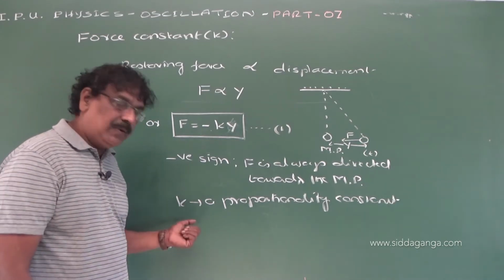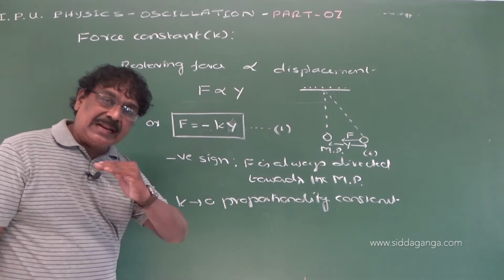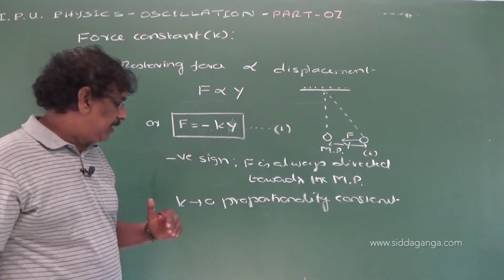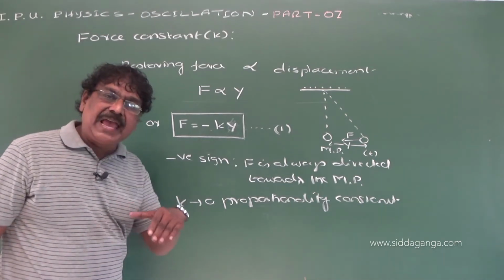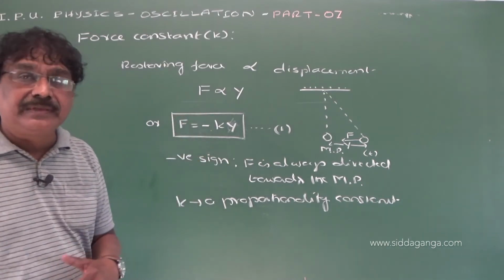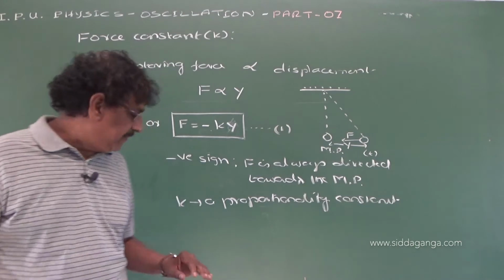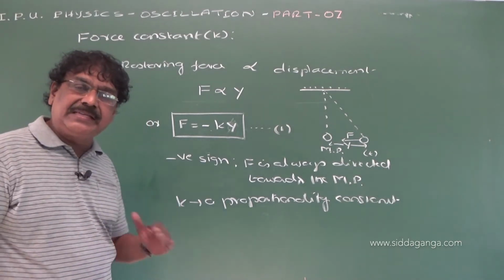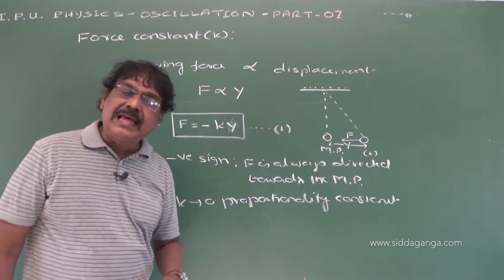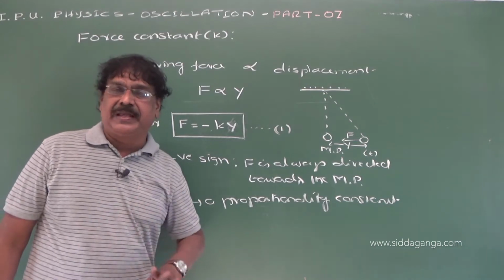Now, in the case of a spring, if the value of K is high, then the spring is stronger. If the value of K is less, then it is a weak spring.